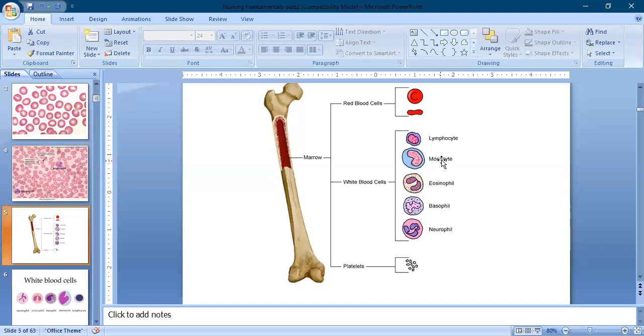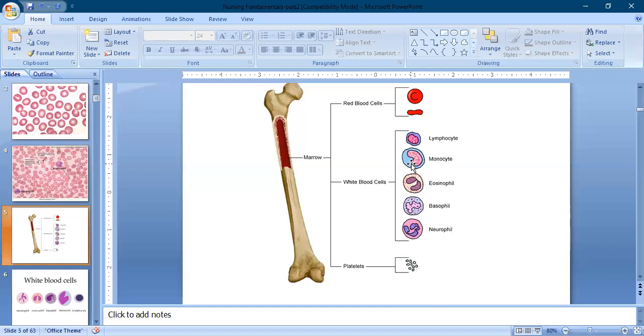Another cell is called monocyte. You see the kidney-shaped nucleus, but the neutrophil has a 3-lobed nucleus. So when you see them under the microscope, you can differentiate them by the shape of the nucleus. Monocyte, kidney-shaped nucleus.